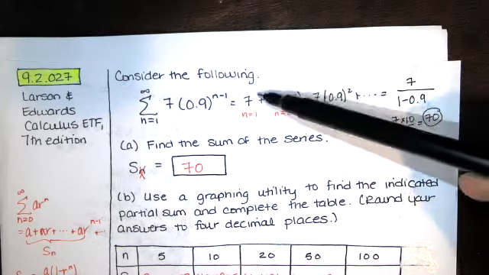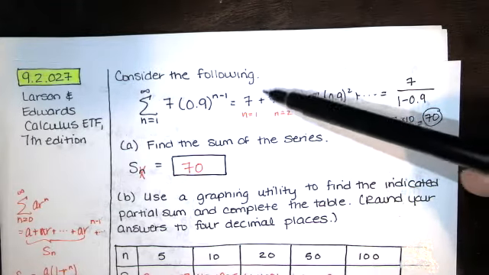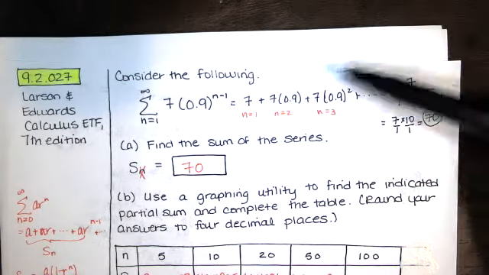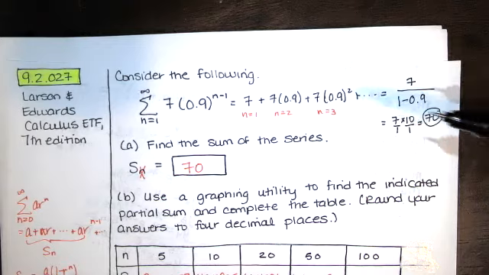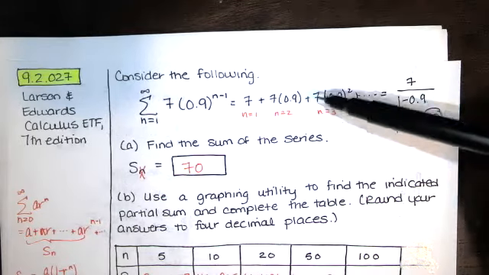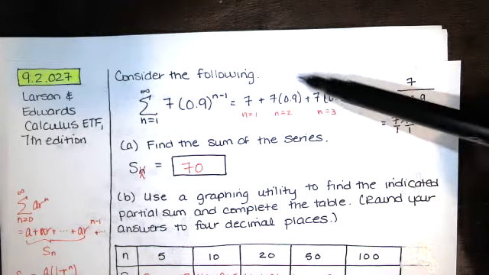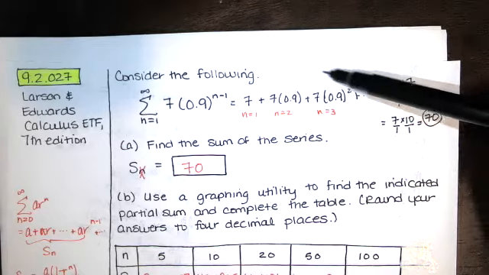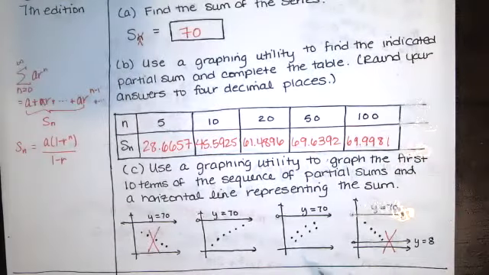But when I compare this plus this, that's the second partial sum, to this plus this plus this, that's the third partial sum, the third partial sum is a little bit more than the second. And how much more? It's this much more.